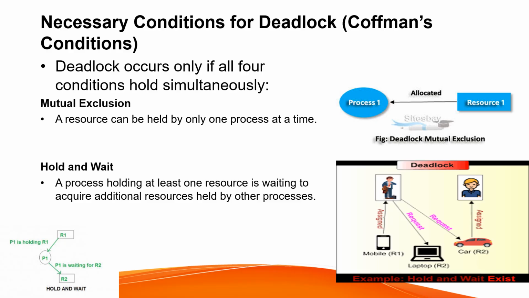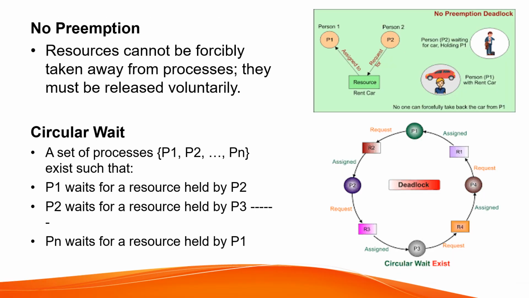So he requests the laptop and the car, but the car has already been assigned to another lady. So the deadlock occurs because the car has already been assigned and he is waiting for it held by the other person. Here deadlock occurs. This is what is called hold and wait.